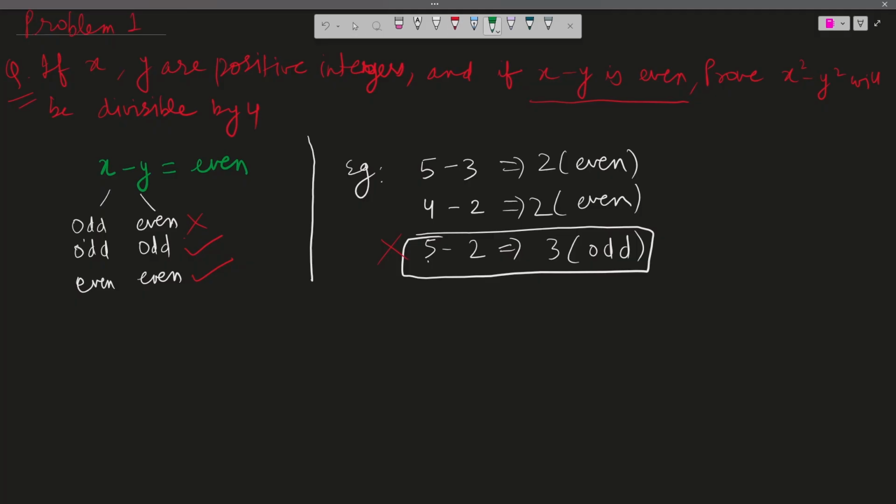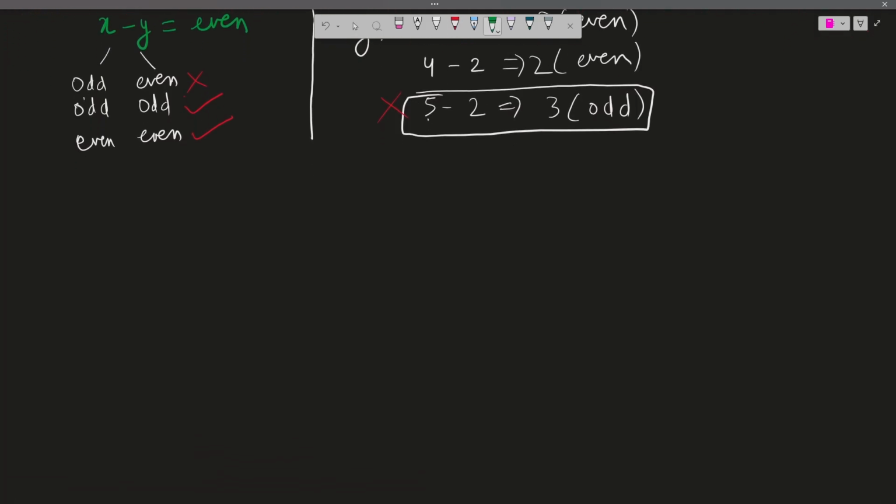To build this further, we know that x square minus y square is nothing but x minus y into x plus y. We know x minus y is even, which means it will be divisible by 2.